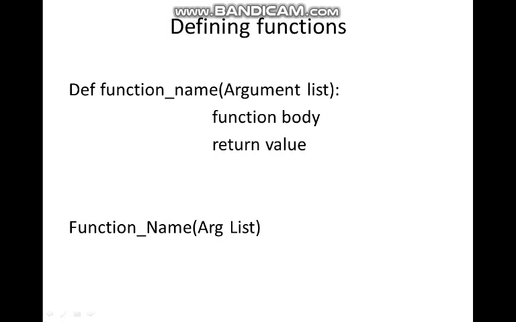We invoke or call the function by writing its name. So whatever name we specify here, we write here, and then whatever arguments it is receiving, we are passing or giving from this side. So this complete screen in front of you is a program file which contains this user defined function, and over here we are calling this function.